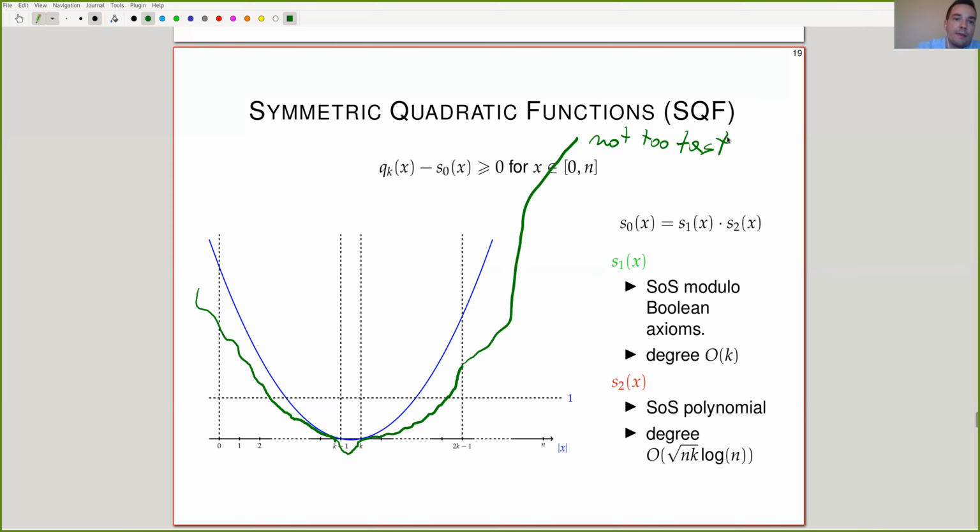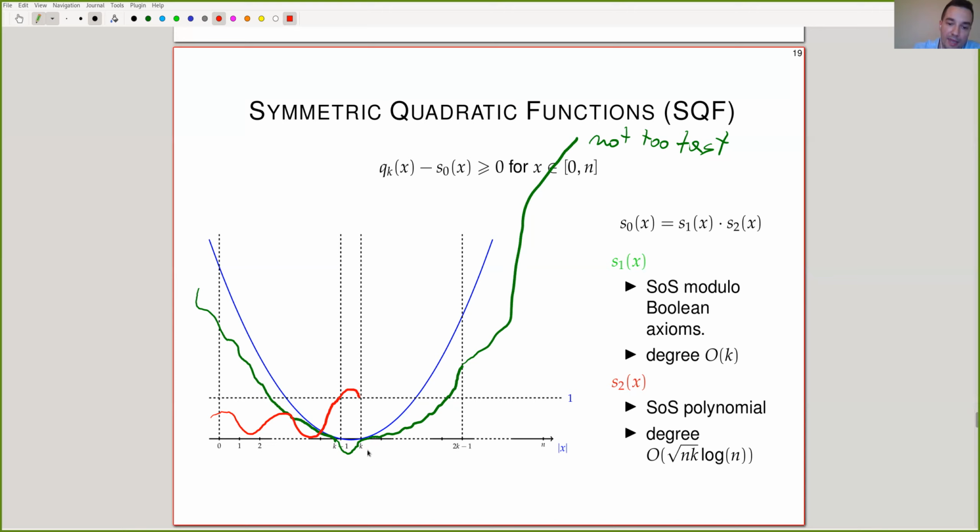Okay? And the second polynomial we'll construct is polynomial S2(x), and this has to be a sum of squares polynomial, so globally non-negative. And from this polynomial, we'd like to have the following. In the interval from 0 to k minus 1, I would like this polynomial to be below 1. So this polynomial could be maybe something like this. In the interval from k minus 1 to k, it should be greater than 1.